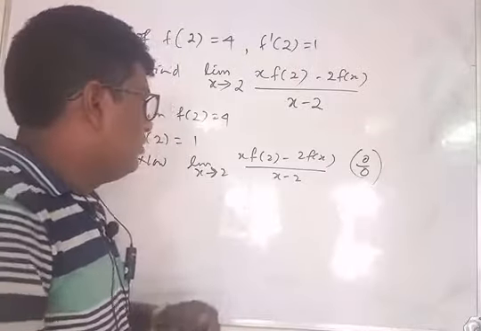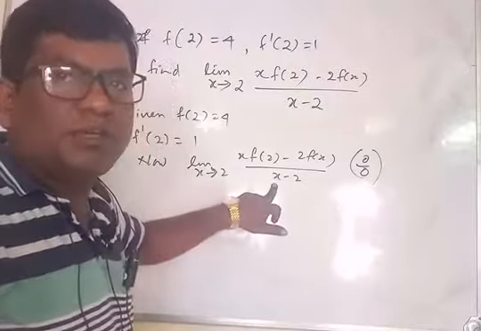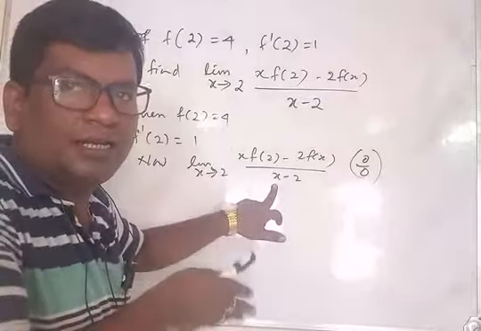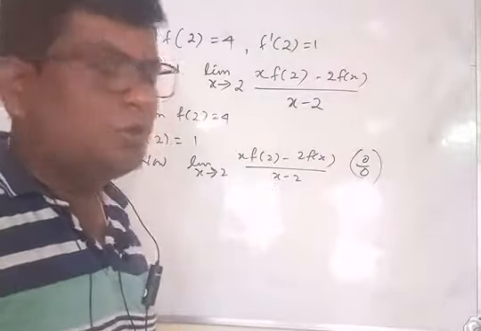We try to cancel this x − 2. How to cancel x − 2?